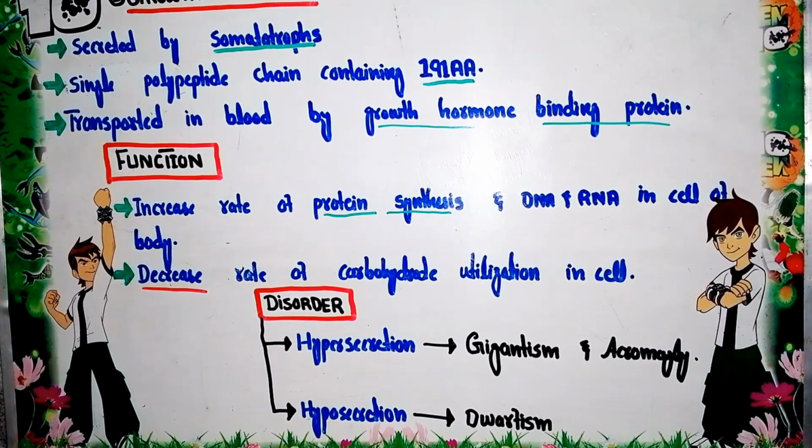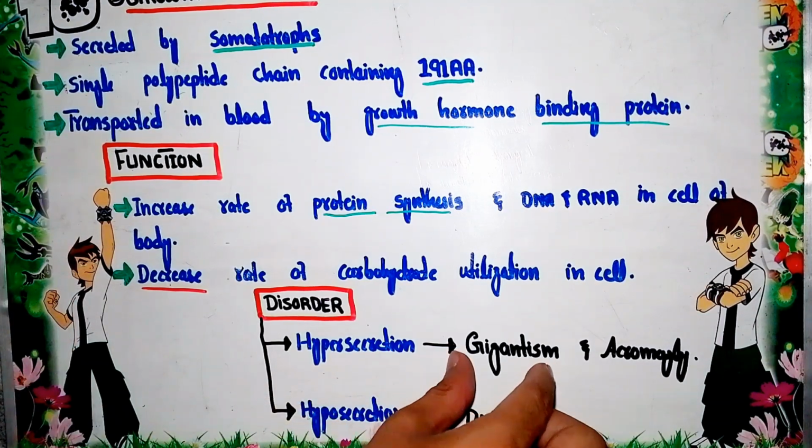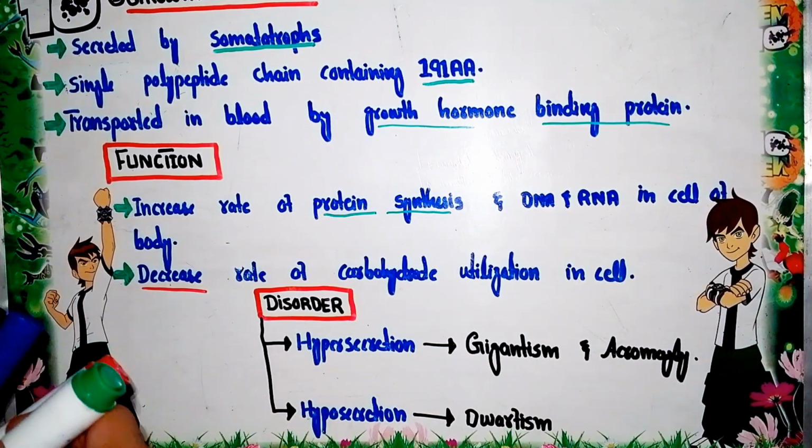Now when the growth hormone is disturbed, various types of disorders occur. When hypersecretion of growth hormone occurs, it causes gigantism and acromegaly. When hypersecretion occurs in children, it causes gigantism.